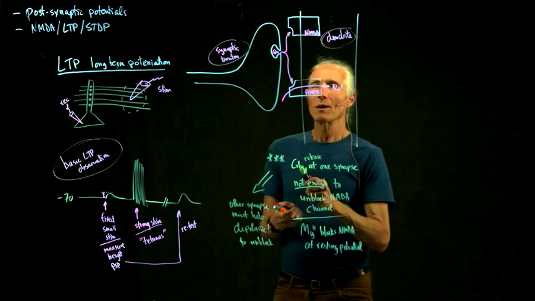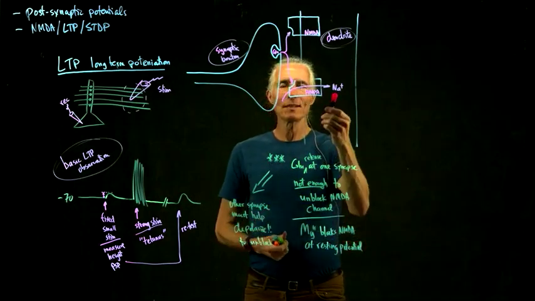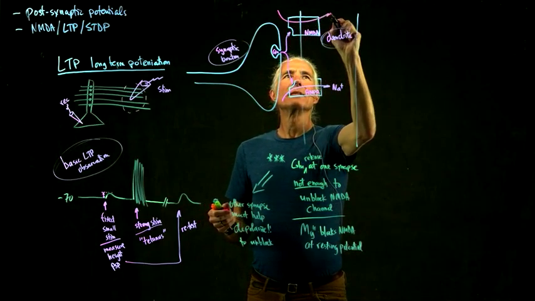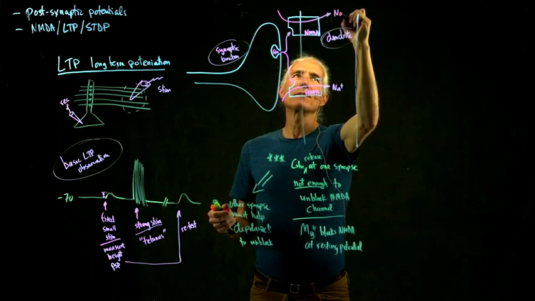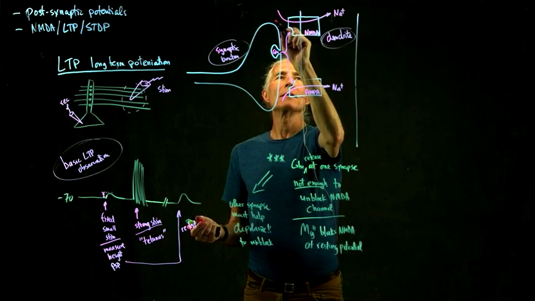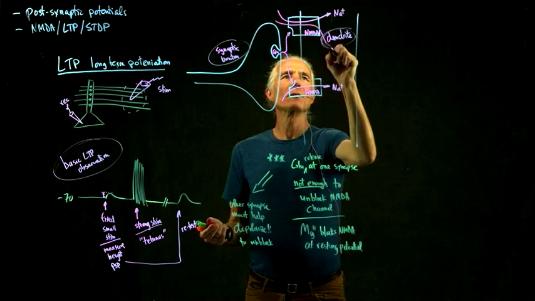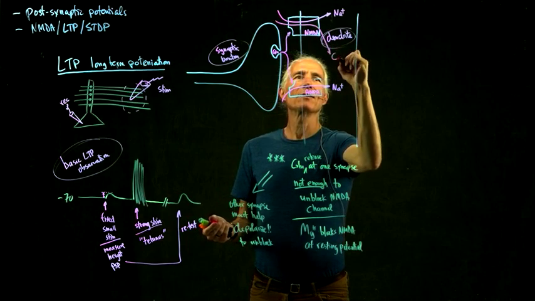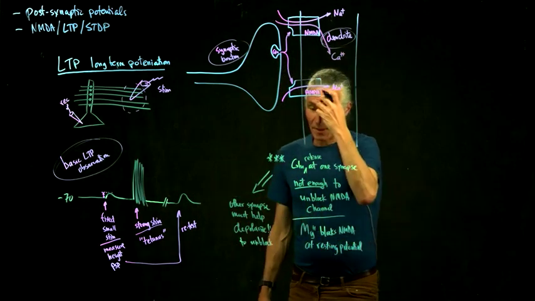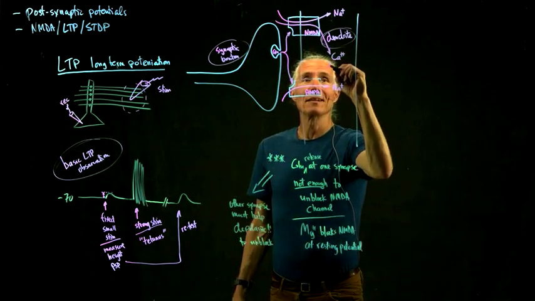So what happens? In this case, sodium comes in. There are different NMDA channels, and some of them can block more or less sodium, but critically, this one also brings in some calcium. And then a whole bunch of things happen.